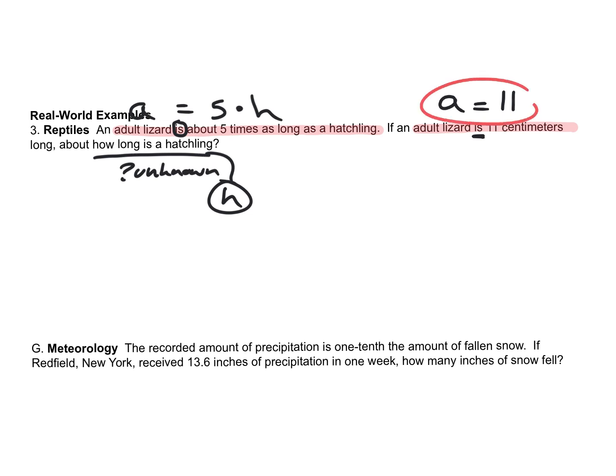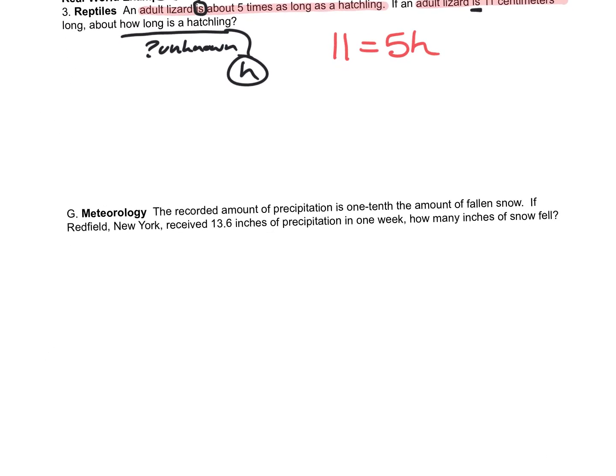I have 2 values of A, so I can replace that. So I know that an adult lizard, that's 11 centimeters, is 5 times as long as a hatchling. So then I have my equation, and then I can solve. So I want to check that you can solve that to know how long the hatchling is when you return and we go over this.